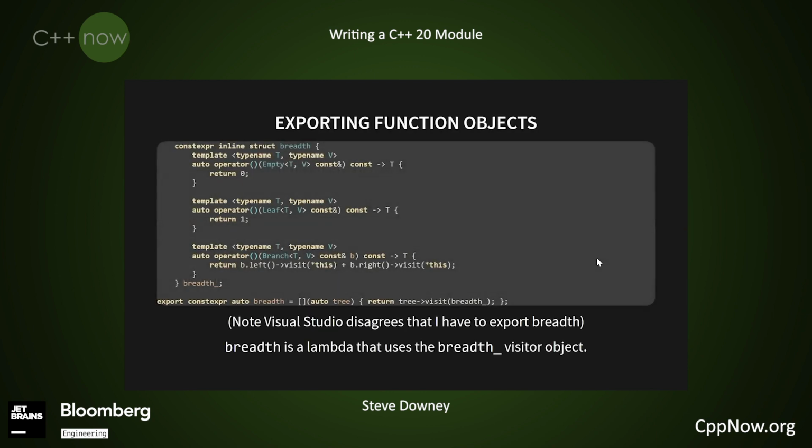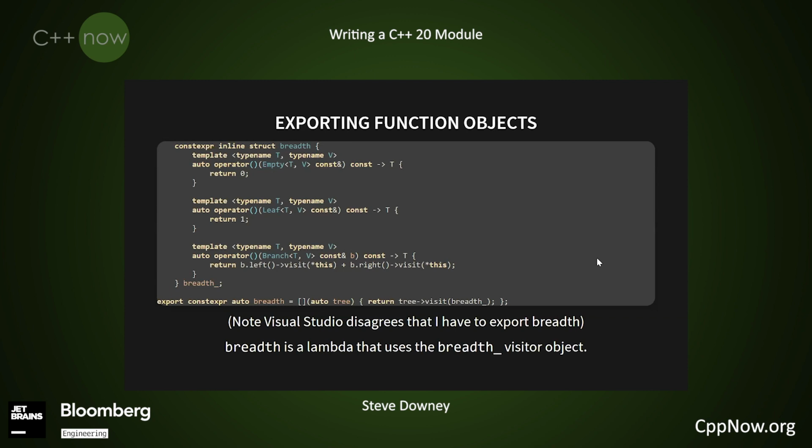The other thing was being able to export function objects. So I have here the breadth visitor, which is an inline struct. It's a struct breadth, which I declare as an inline variable, breadth underscore, and then exporting a lambda which hands tree the breadth instance of breadth struct in order to visit it.